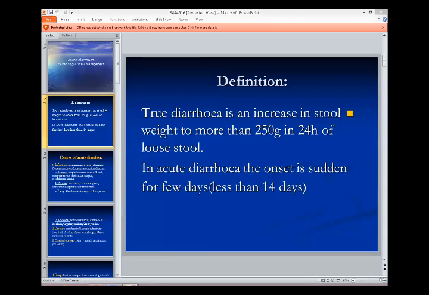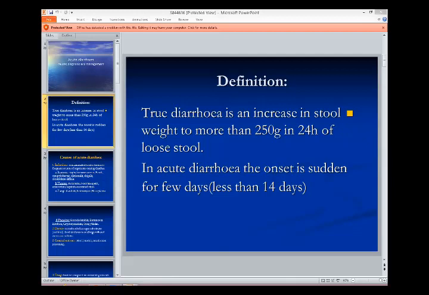So how do you diagnose? The diagnosis of acute diarrhea can be made by history and physical examination. In the history, you check the onset, duration, amount and frequency, blood in the stool, pus in the stool, mucus in the stool. All these questions need to be asked of the patient. What are the symptoms associated with the diarrhea? Any fever, any abdominal pain, nausea, vomiting?